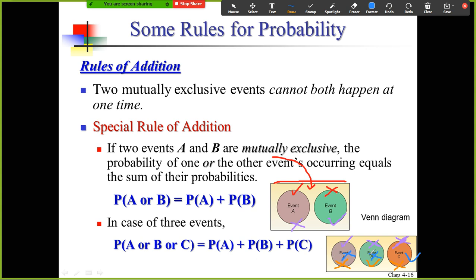That's why A, B, C are mutually exclusive events. Okay, so look at this clearly. This is the Venn diagram that shows you two events are mutually exclusive. This is the Venn diagram that shows you three mutually exclusive events. Again, in order to start this special rule of addition, we need to have at least two events that are mutually exclusive.